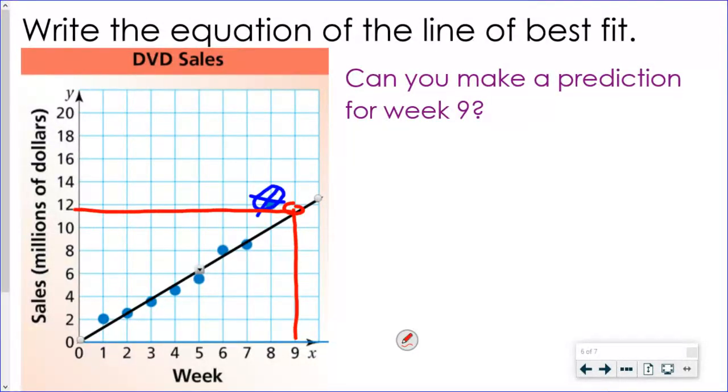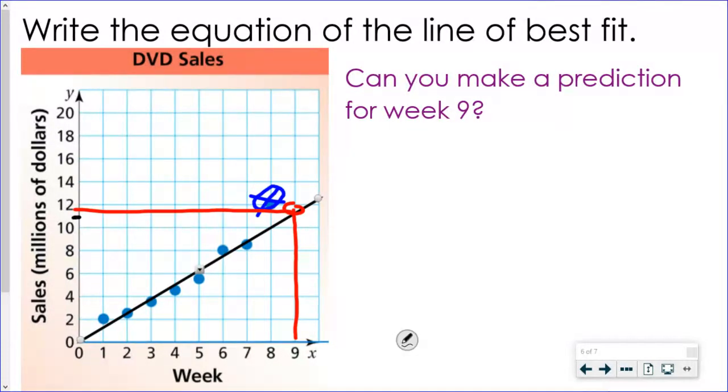And can I make a prediction? Sure, I would say it's about 11.5. So on week 9, the sales is... halfway through this would be 11.